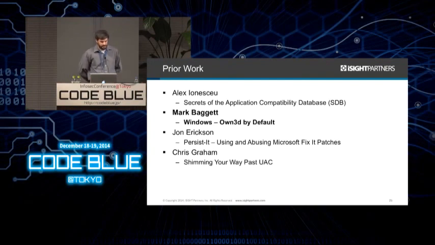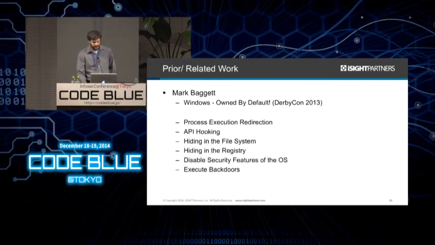Mark Badgett presented at DerbyCon, "Windows Owned by Default." His focus was taking a look at the Application Compatibility Framework from the point of view of the attacker, and he's interested in doing rootkit-type behaviors like process execution redirection, API hooking, hiding in the file system, hiding in the registry, disabling security features such as DEP and ASLR, and executing backdoors.